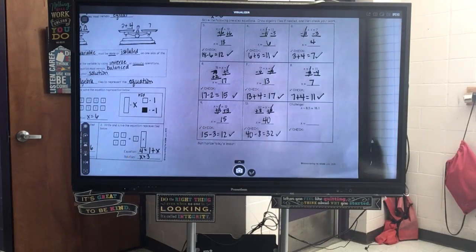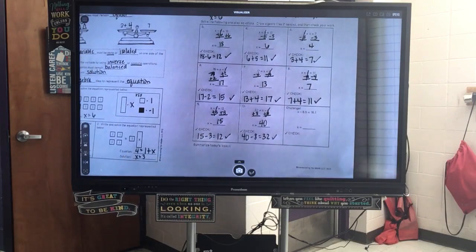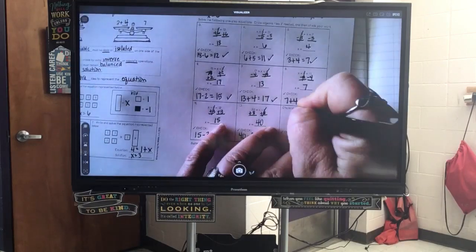All right, let's go ahead and go over the challenge. So it says x minus 8 and a half equals 16 and 1/10. What do we do? Leo, what do we do, son? Add. What are we gonna add? 8.5.